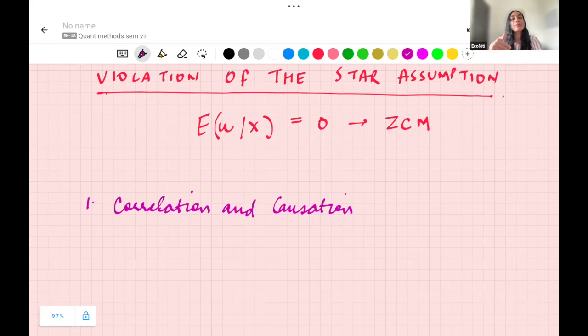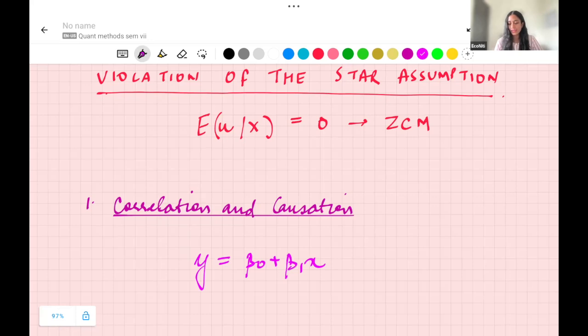Okay? After that, if you look at the expression of the beta, which is the regression coefficient, suppose any regression equation, suppose you regress y on beta naught plus beta 1 x.